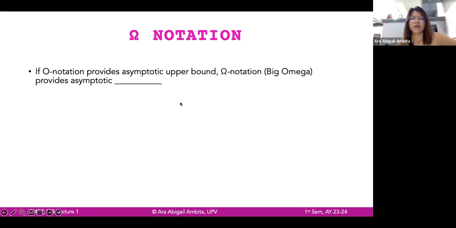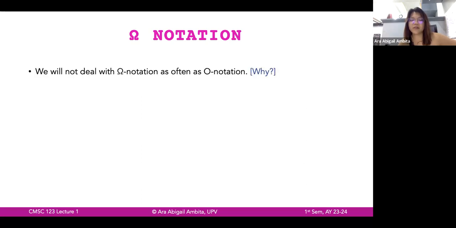Okay? So, if the big O notation provides the asymptotic upper bound, the big omega notation will provide the asymptotic lower bound. But we will not be dealing with this lower bound notation, the big omega notation, as much as the big O notation. Can you guess why?